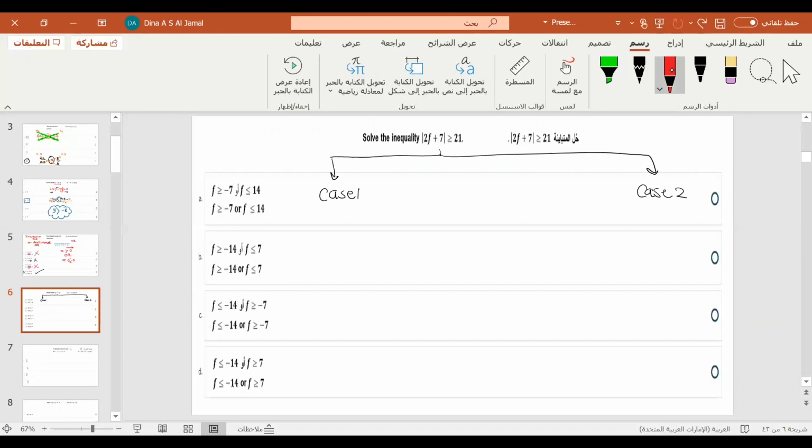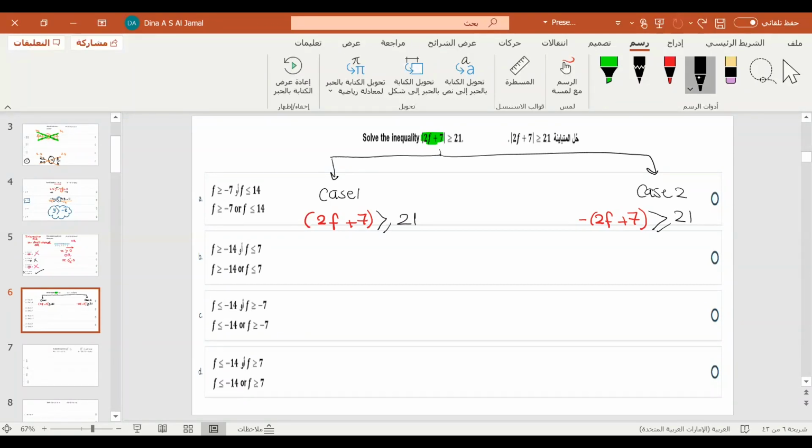And pay attention, that's different than the equation. You will be taking whatever is inside the absolute value one time positive, the other time negative, and put it between brackets. Then keep writing the same inequality with the same number.